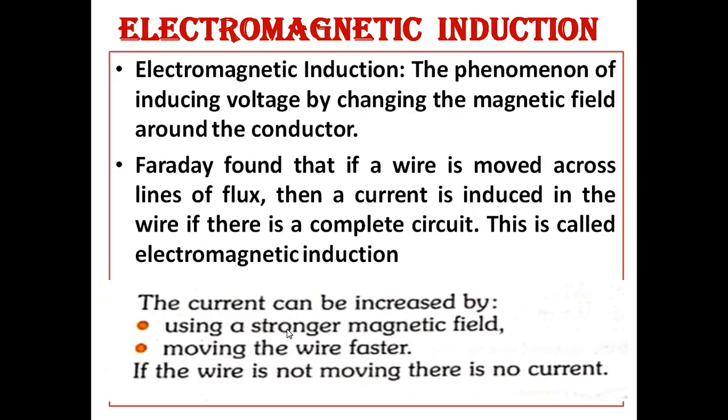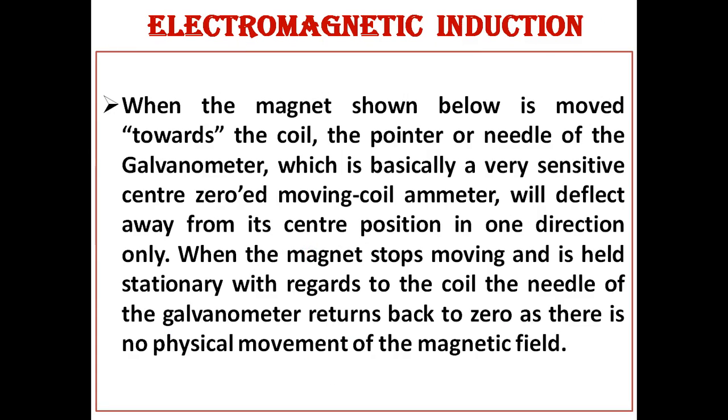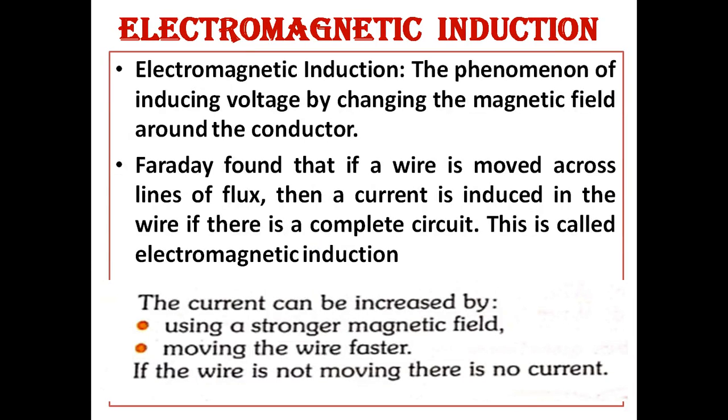So the phenomenon of electromagnetic induction is the phenomenon of inducing voltage by changing the magnetic field around the conductor. Faraday found that if a wire is moved across lines of flux, then a current is induced in the wire if there is a complete circuit, and this is called electromagnetic induction.